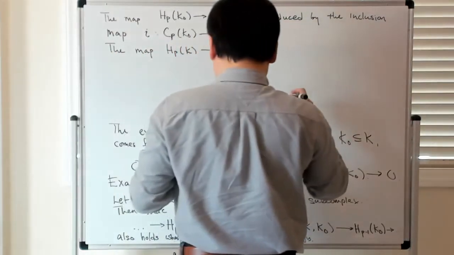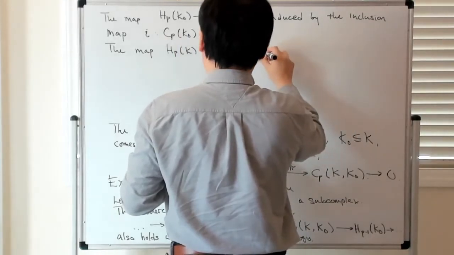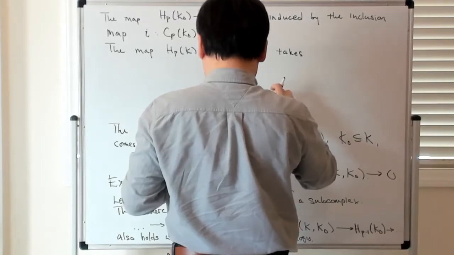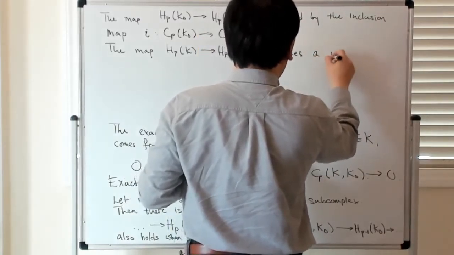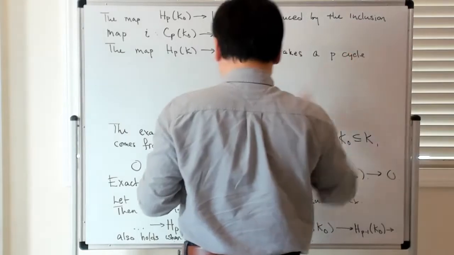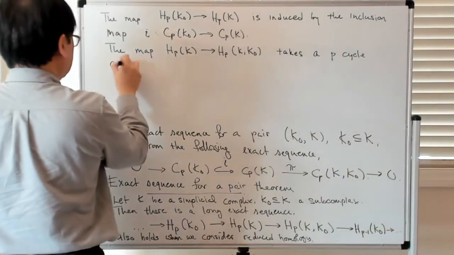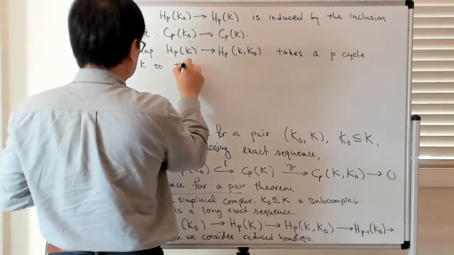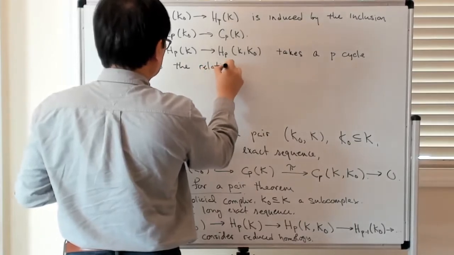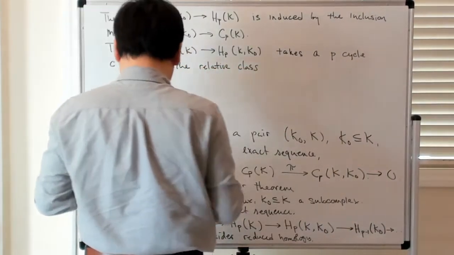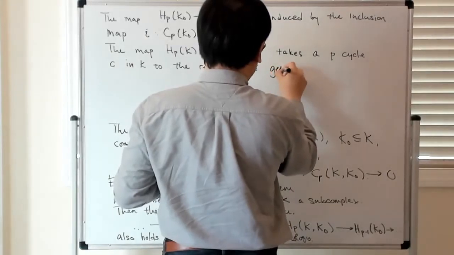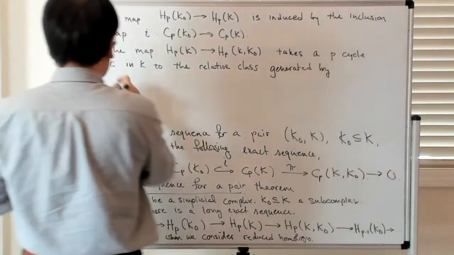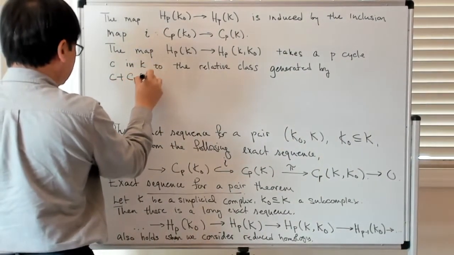What it does is that it takes a p-cycle c in K to the relative class generated by c plus C_p(K0).